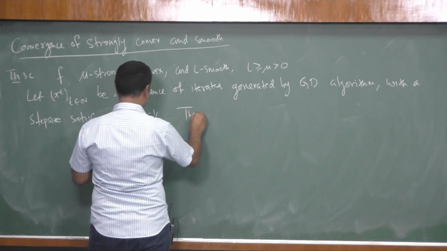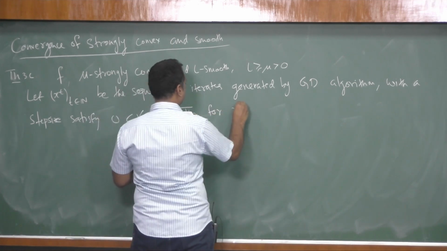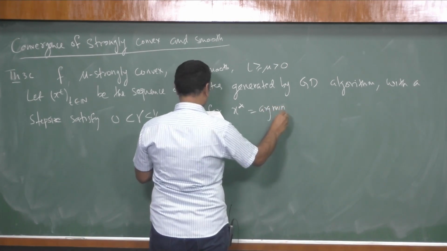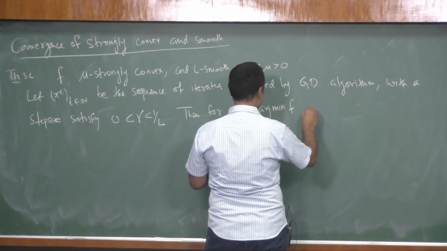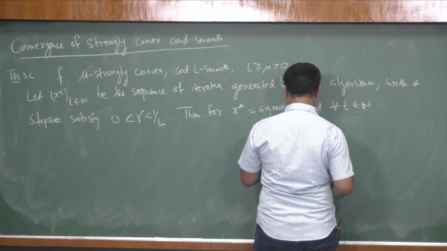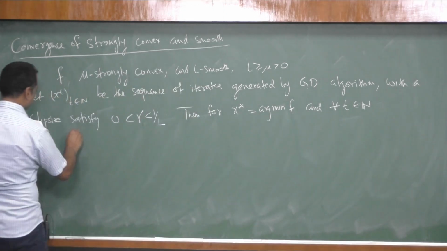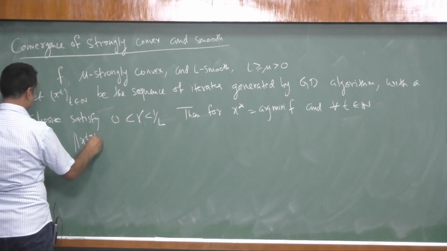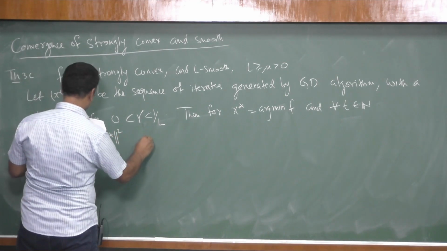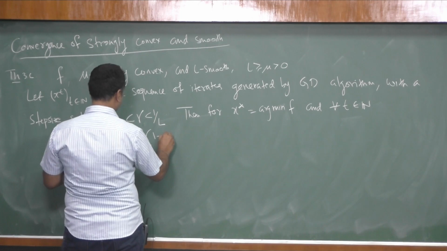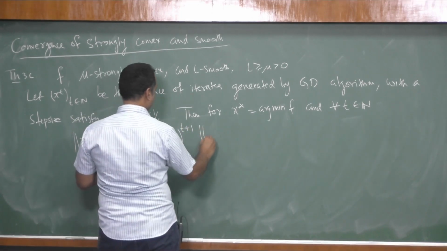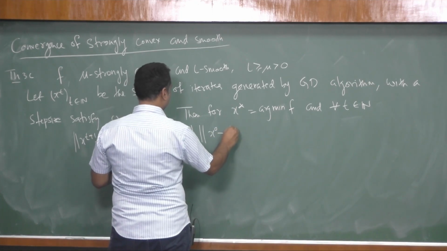Then for x star, which is argmin of f, and for all t we have this bound: norm of xt plus 1 minus x star squared is less than or equal to 1 minus gamma mu to the power t plus 1 times norm of x naught minus x star squared.